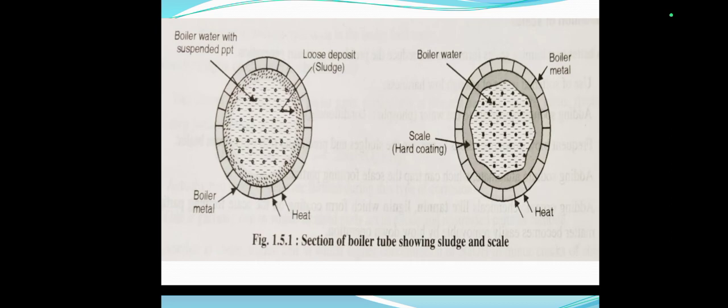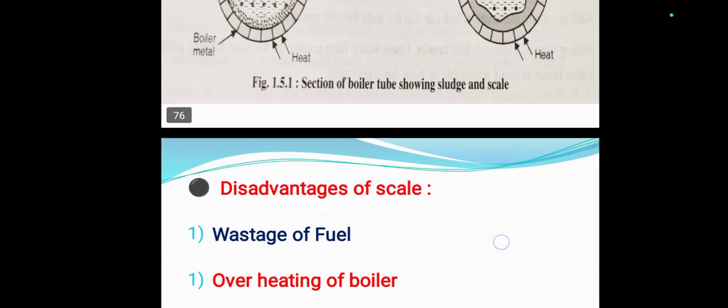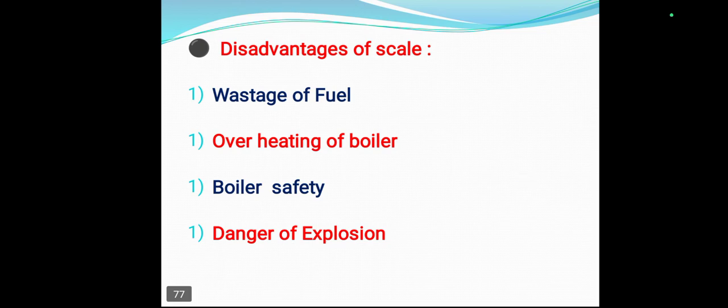As we are giving more and more heat to the boiler, that is the extra heating, the sudden steam production rate will increase, and because of the sudden increase in steam production rate, there will be high pressure in the boiler, and because of high pressure there might be a chance of explosion. So this is the danger of explosion.